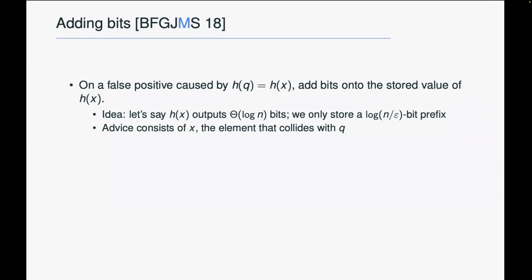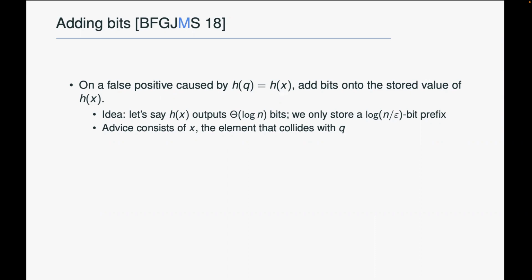So let's say my hash function outputs some extra bits, because if I want to add bits, those need to exist. Let's say my hash function just gives me a stream of bits. I'm never going to need more than log n, but let's say it gives me a stream of bits. So I start with a log n over epsilon bit prefix of this stream. That's how I hash my function, and that's what I store when I'm storing my filter.